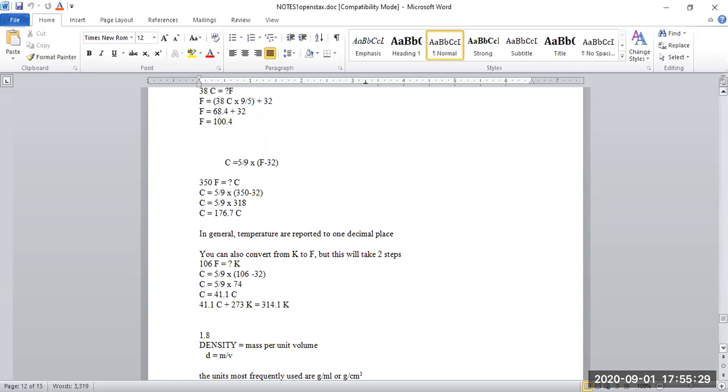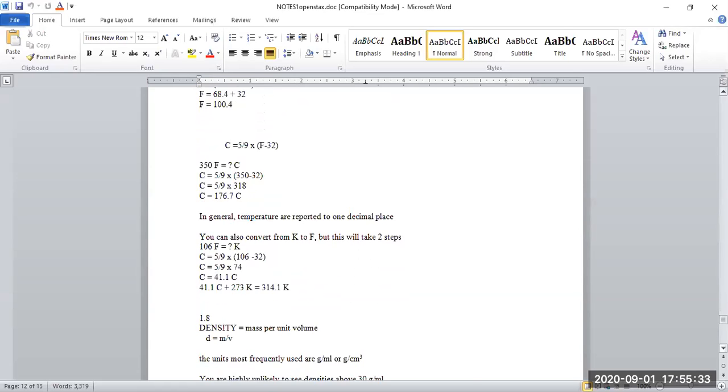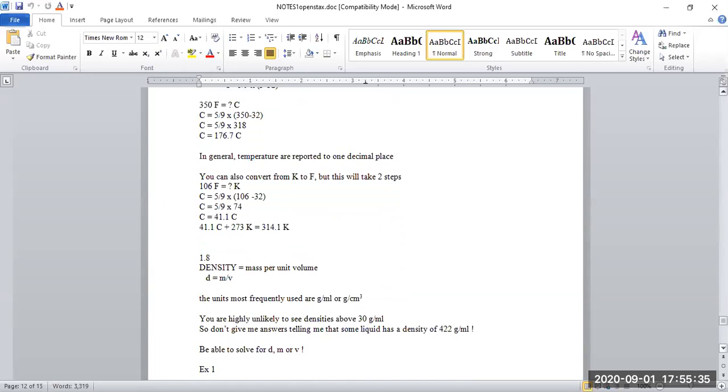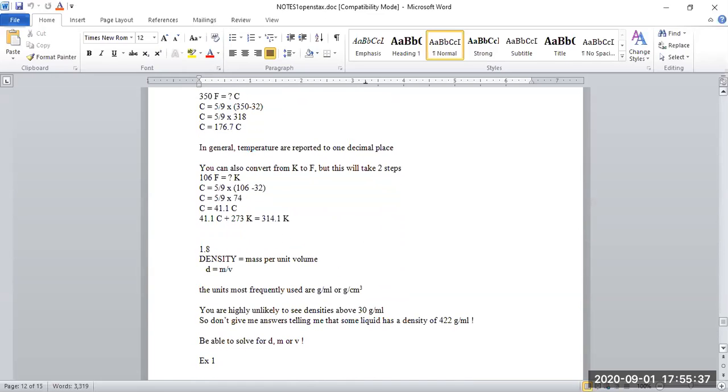Now what if you had to go 2 steps? This is something that is not uncommon, especially for some later chapters. You may see some usage of this. What if you wanted to go from Fahrenheit all the way to Kelvin? Got to do it in 2 separate steps. Worry about your Fahrenheit to Celsius conversion first.